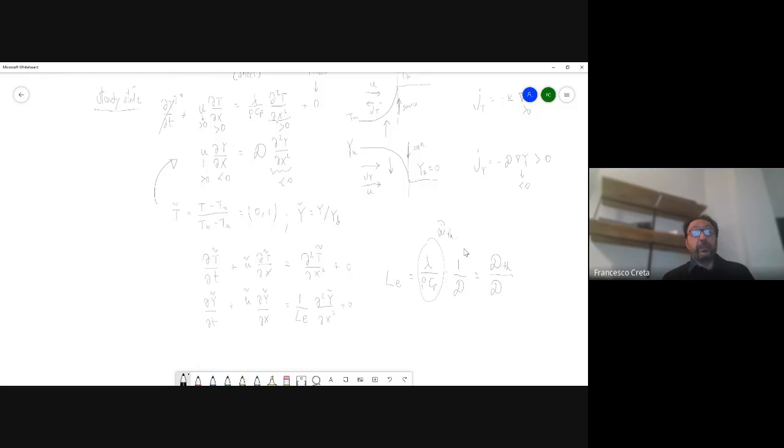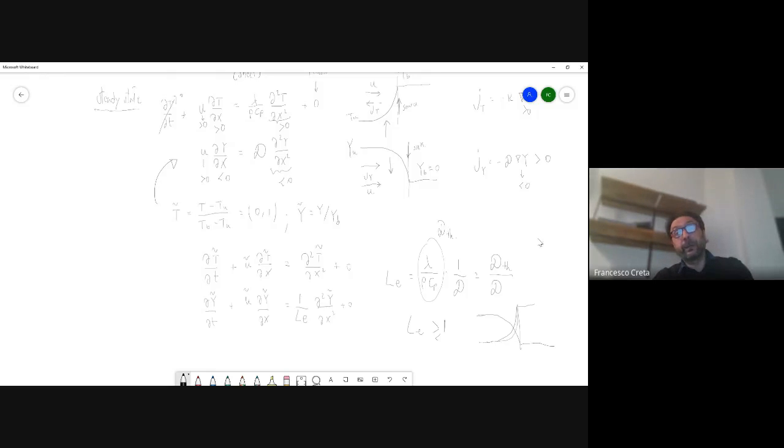Now, if the Lewis number is generally bigger or smaller than 1, you have an imbalance between these two gradients. So you will have something like this, for example. I don't know if you can see it, but the gradients, for example, of temperature will be smaller than the gradient of concentration, okay, of deficient reactant.